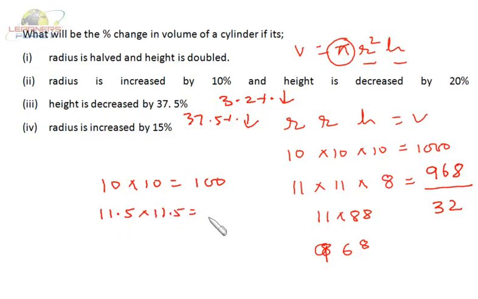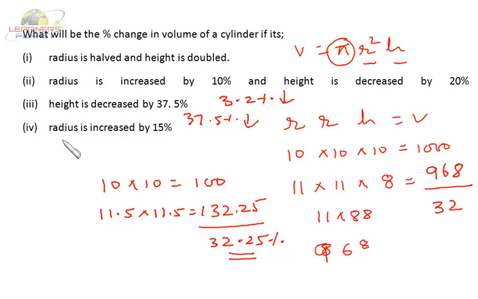Just calculate it. That is 115 square. So what is the net increase? 32.25. Since we are getting the difference from 100, the percentage difference will also be 32.25%. Okay, I hope you are getting my point.